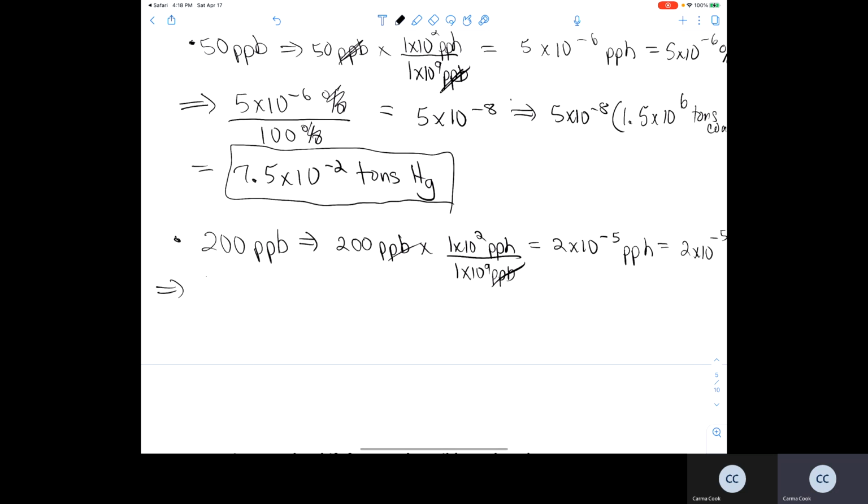We take our percent and divide by 100%. We get 2 times 10 to the negative 7.